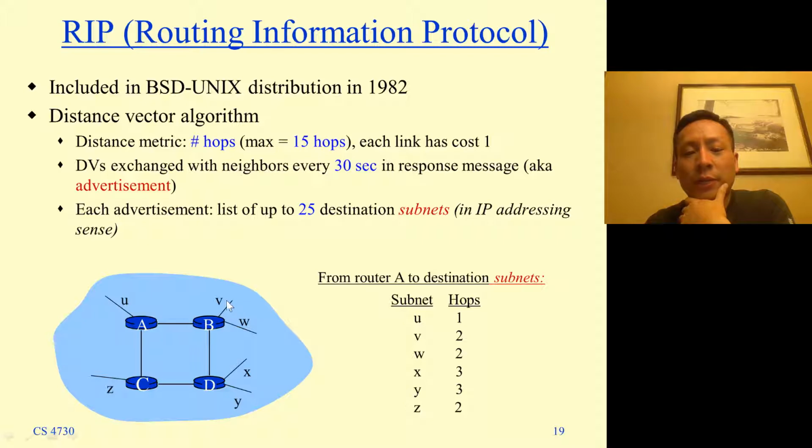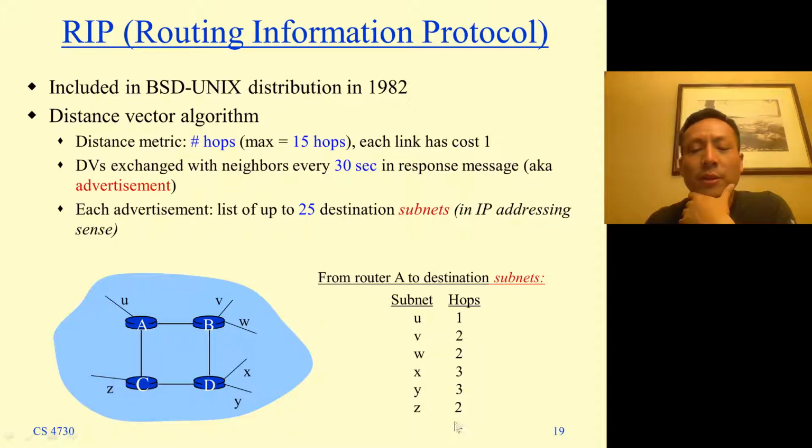W is similar to V, so it takes 2 hops, right? If the destination is X, for example, then you can count 1, 2, 3. It takes 3 hops, right? Similarly for Y. If the destination address is Z, then you can see 1 hop, 2 hops, right?